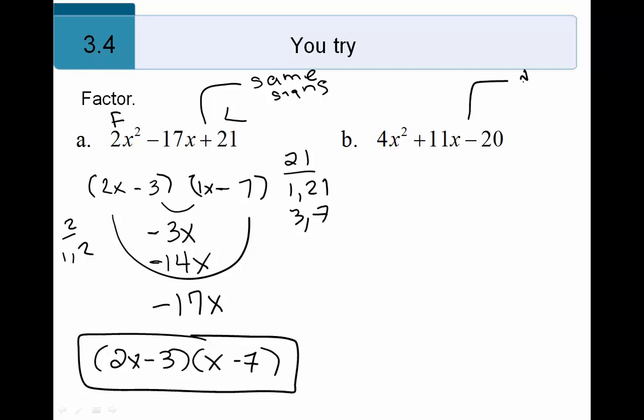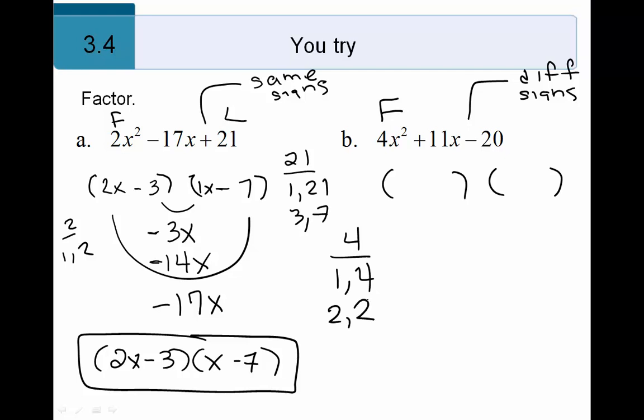Here my signs are going to be different. Factors of 4, I'm choosing either 1 and 4 or 2 and 2. I believe when I first tried this one, I tried 2 and 2 and it doesn't work.